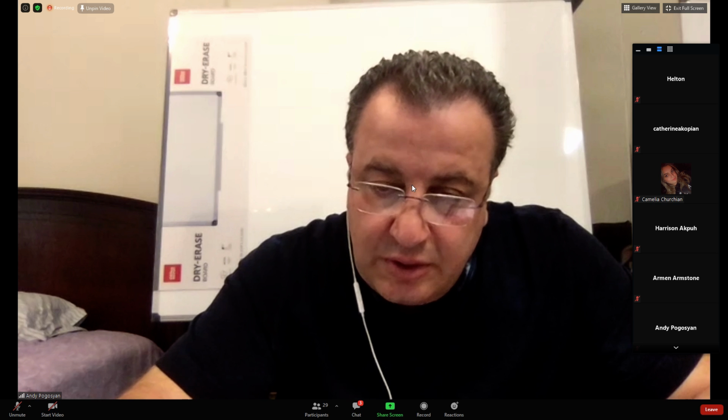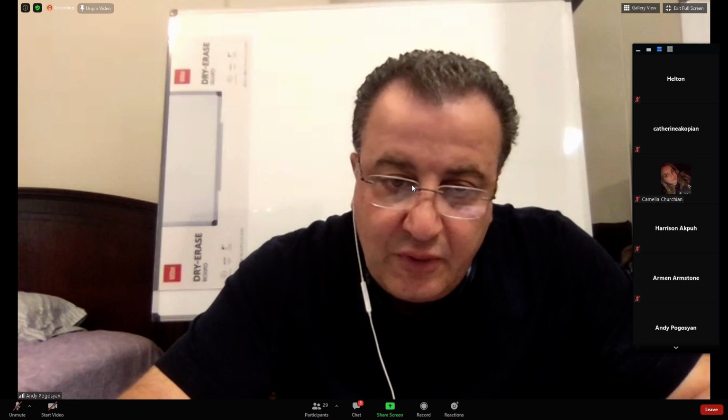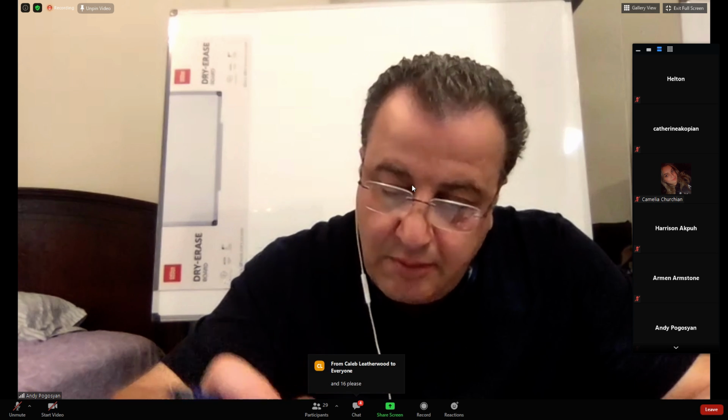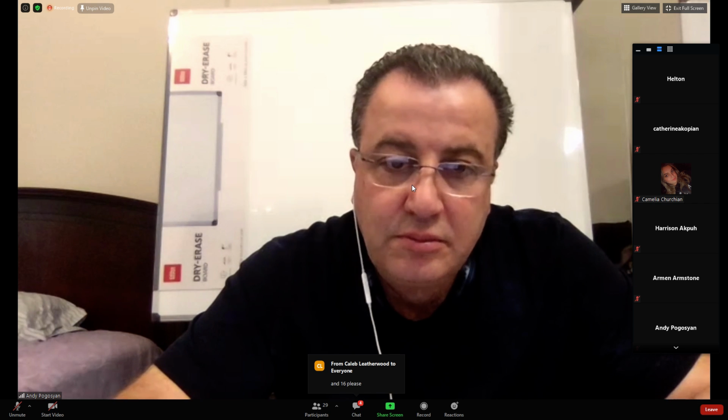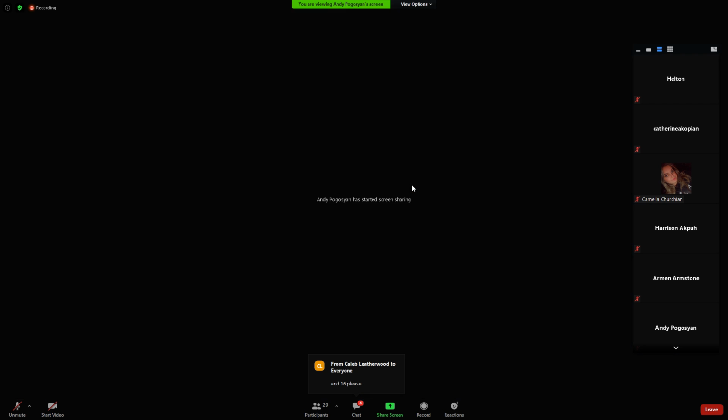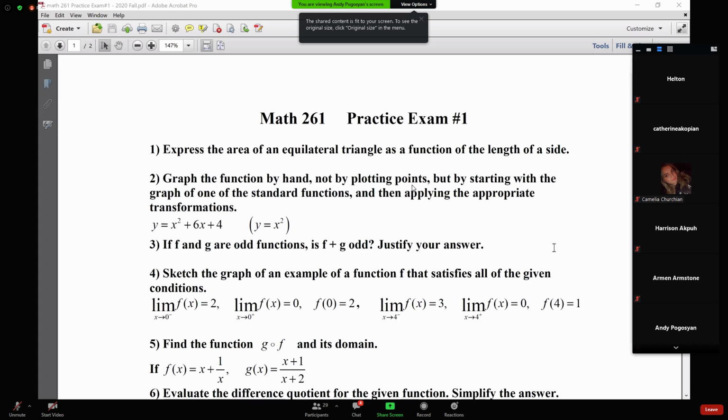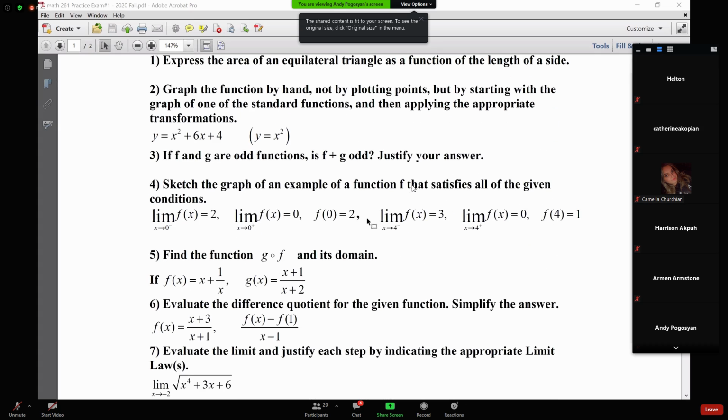So it seems we start from number 4. Sketch the graph of a function f that satisfies all of the given conditions. Okay, let's start from this one.